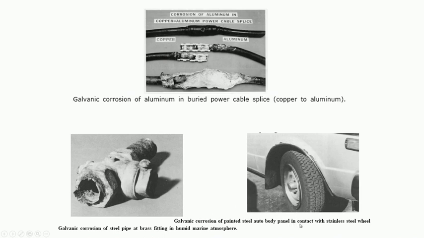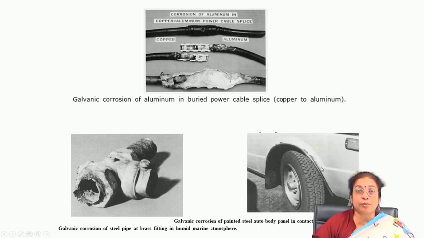Again, galvanic corrosion of a painted steel body, a steel auto body. By erosion corrosion or by exposure of the painted surface to the environment, if there is damage of the paint layer, there will be galvanic attack, and the paint layer cannot save the underlying metal because of the cathodic protection, since paint is usually noble in nature.